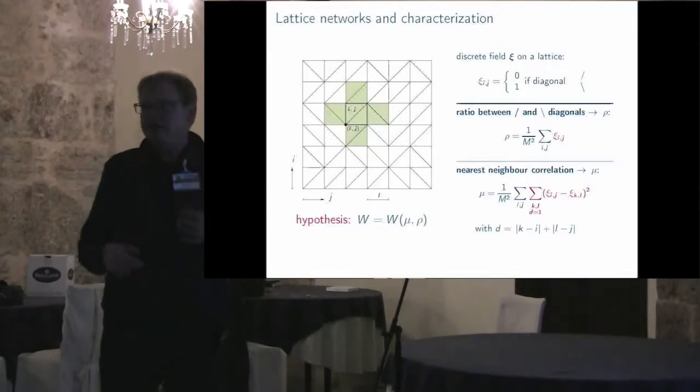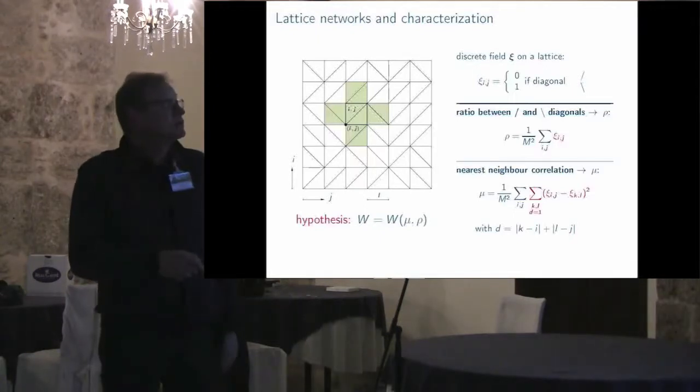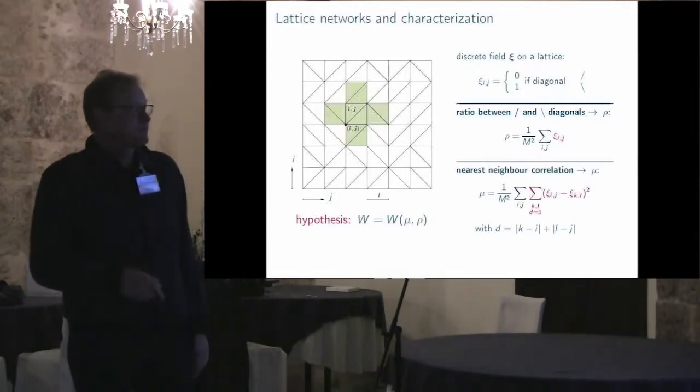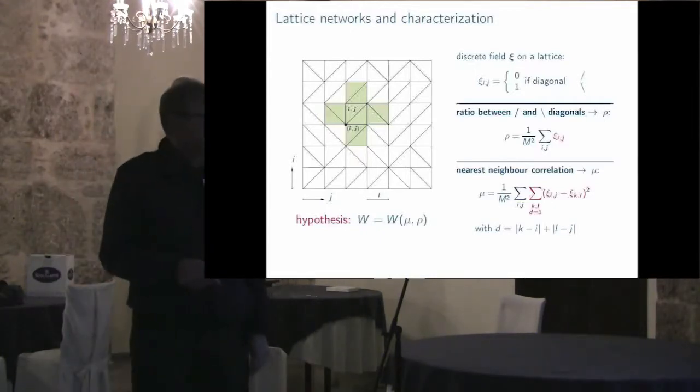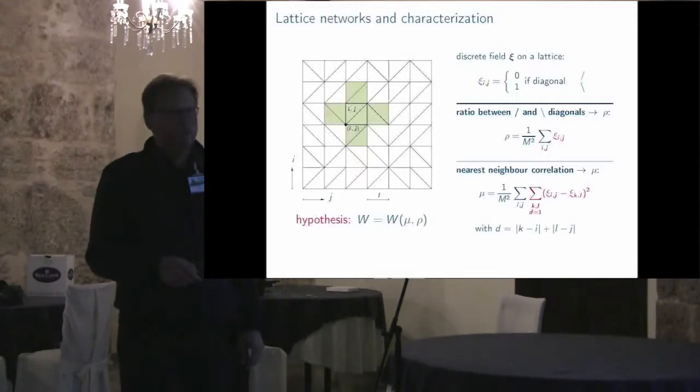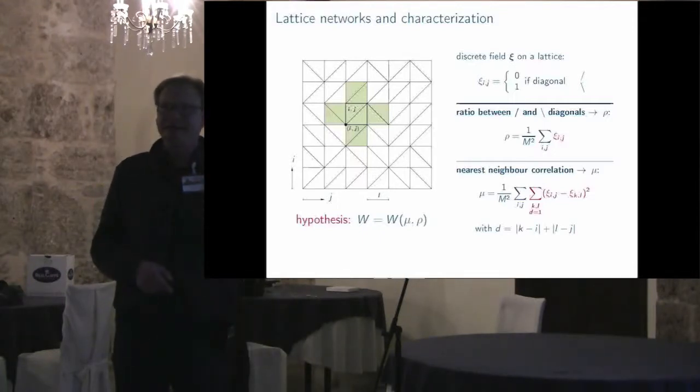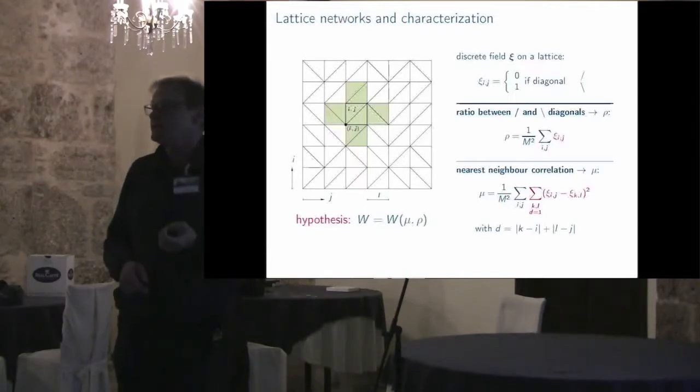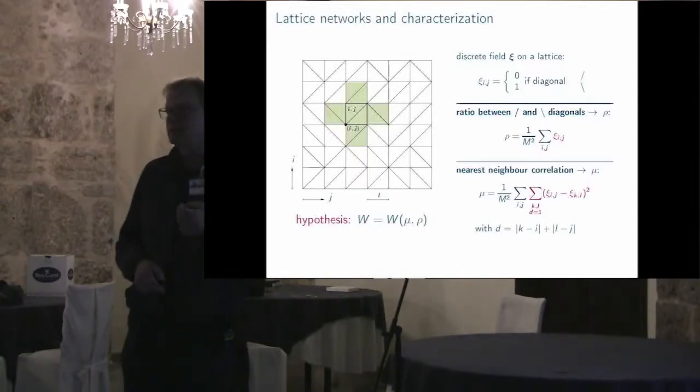You can think about this assignment as, for instance, a random assignment. The diagonal goes either from the lower left to the upper right, or the other way around. The advantage of such a structure is that we have easy control over, for instance, topology, which is not simple with respect to general networks.